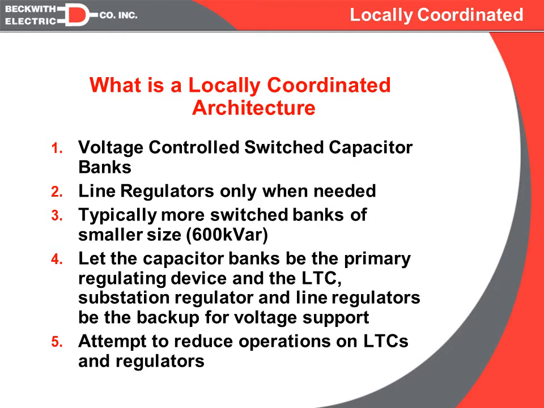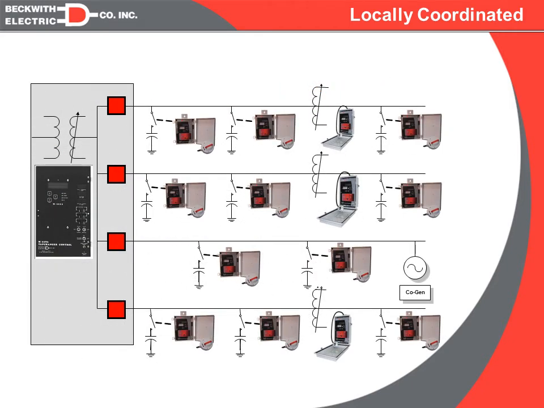The LTCs and the regulators will be there for both backup support of the voltage and also, after we flatten the profile, if we need to regulate the voltage down to reduce load, that would be done at the LTC level. So the architecture looks something like this, where we may have some line regulators, we may not. We're going to have a lot of smaller capacitor banks, and we're going to try to coordinate the operations between these via local settings.